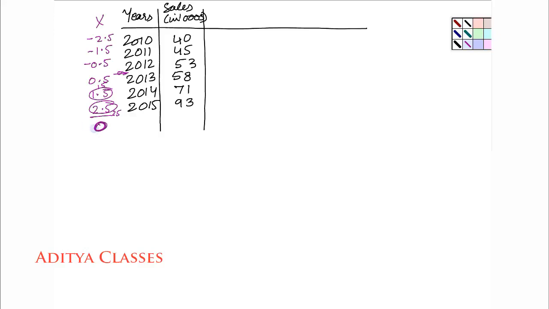So now I'll go a step further and multiply all these values by 2. What that does is 0.5 multiplied by 2 is 1, 1.5 multiplied by 2 is 3, 2.5 multiplied by 2 is 5. So one year is being represented by 2 units of deviation. That makes perfect sense. No issues with that.